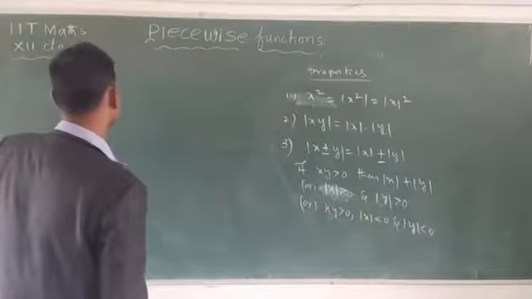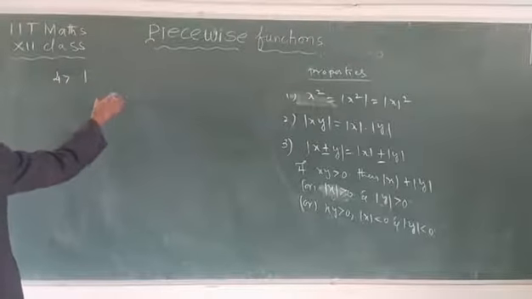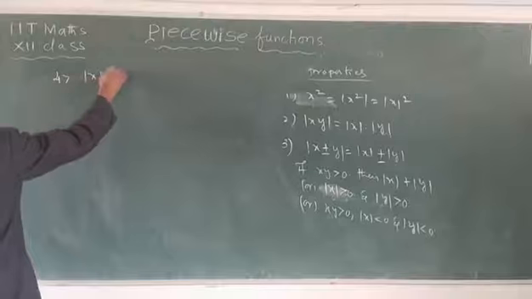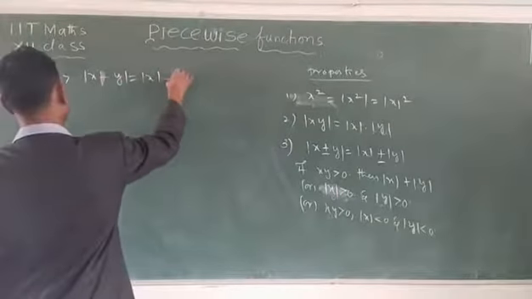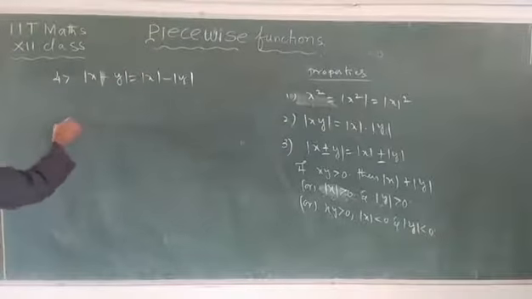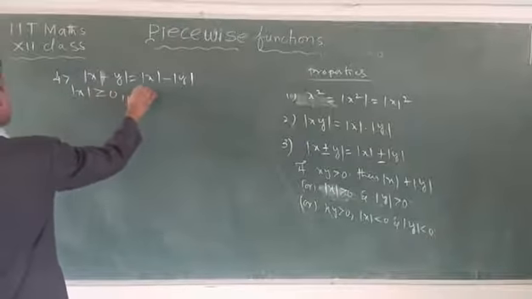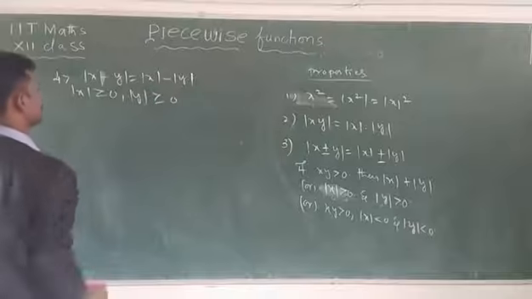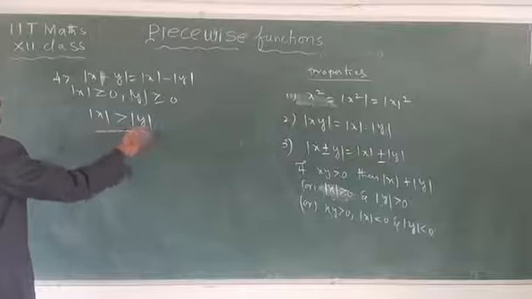Now fourth one is modulus of x minus y. Modulus of x minus y is equal to modulus of x minus modulus of y, where modulus of x is greater than or equal to 0 and modulus of y also greater than or equal to 0, and modulus of x is greater than or equal to modulus of y.